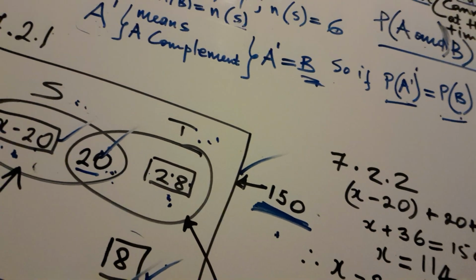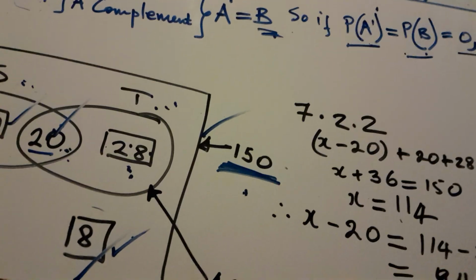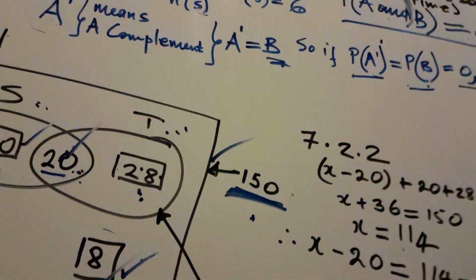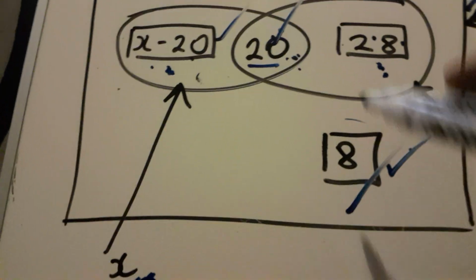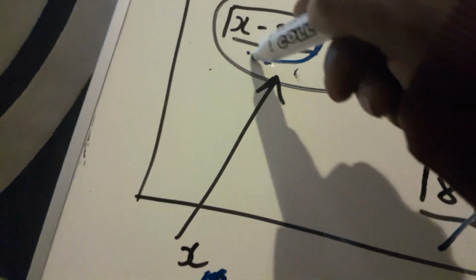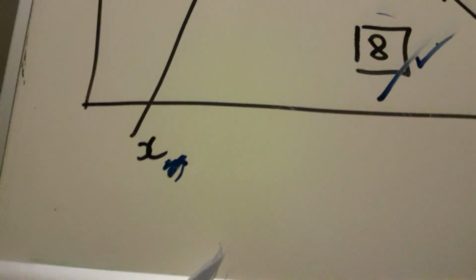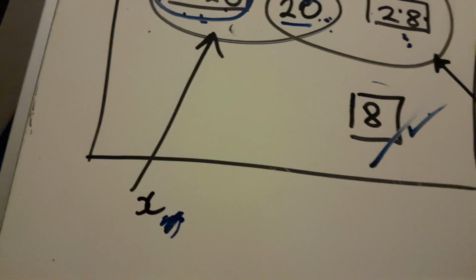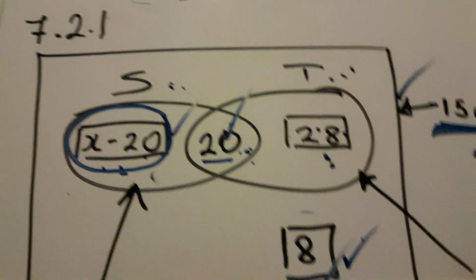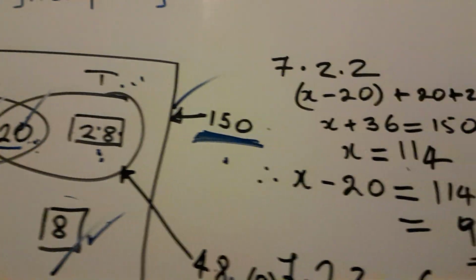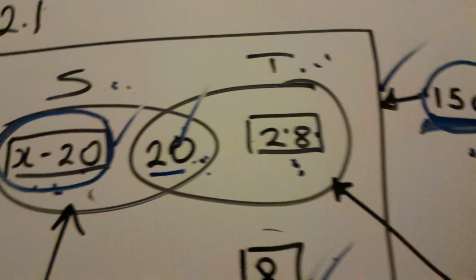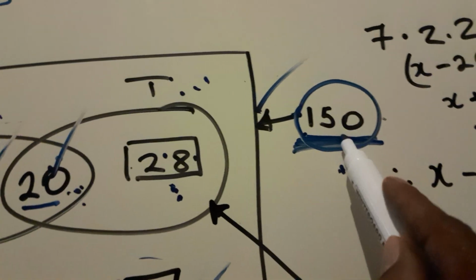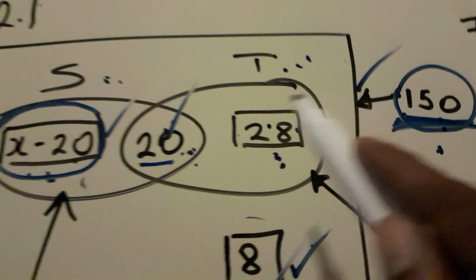Then question 7.2.2, how many learners owned only a smartphone? We are interested in this number here, those who owned only smartphones. But now I am going to say, okay, I know that the total number of learners is 150. So, where do I get that 150 from?